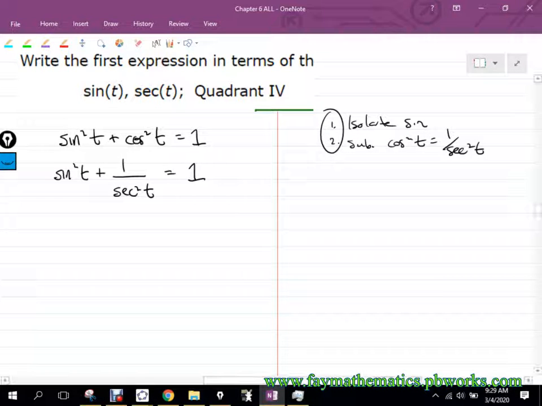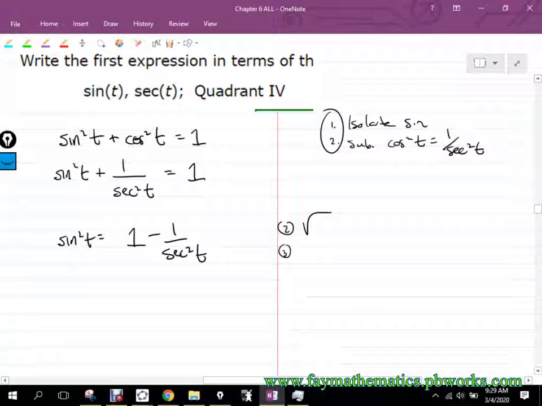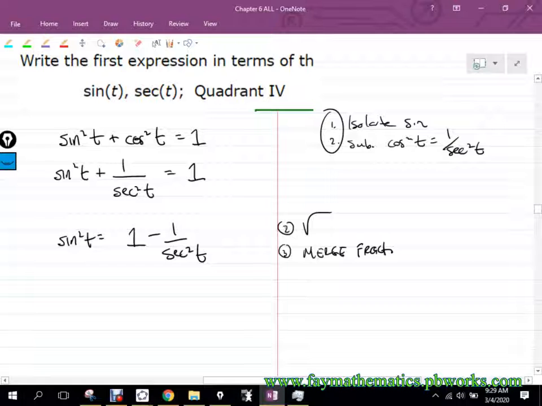So what am I going to do if I'm going to solve for sine? Okay, so we're going to have 1 minus 1 over secant squared t. At this stage, there are two steps that you can conduct. You can go square root, or you can merge your fractions.